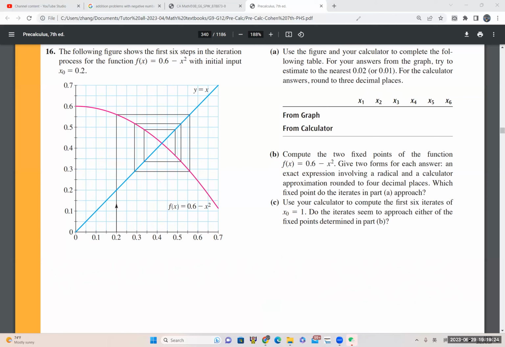For example, let me try f of 0.5. Then of course I can get something. This is minus.